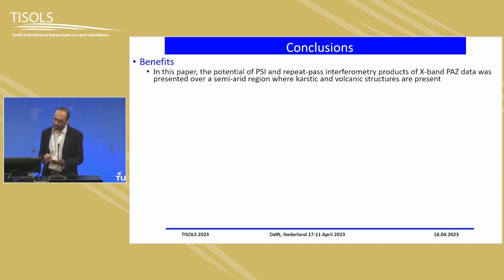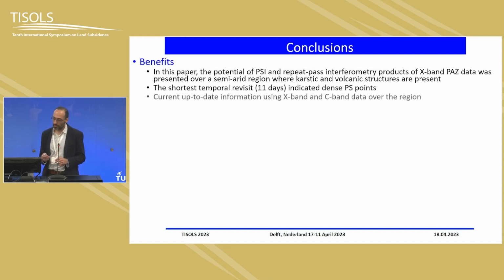So in general, the current situation we extracted using persistent scatterer interferometry, and the PAZ data showed some good results. Here, providing a bit larger PS density, up-to-date maps are provided using both C-band and X-band data.